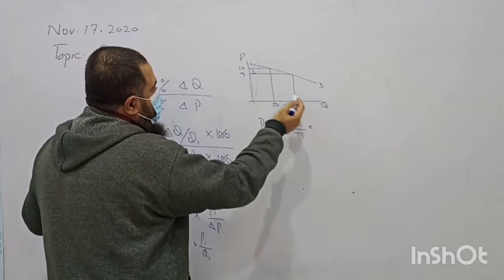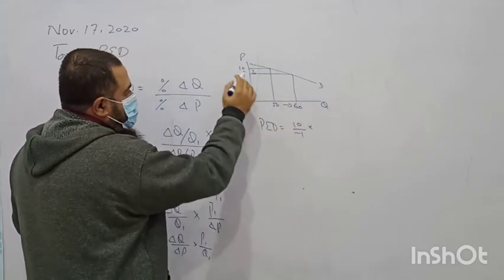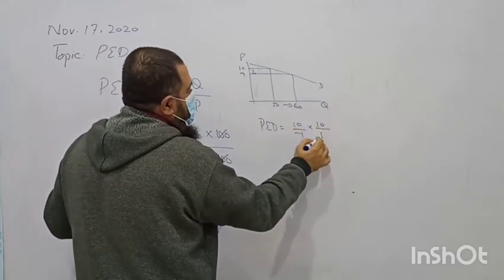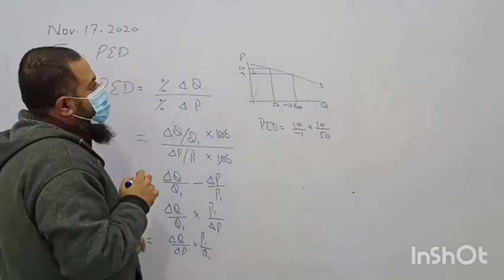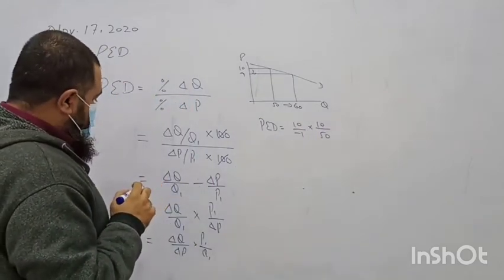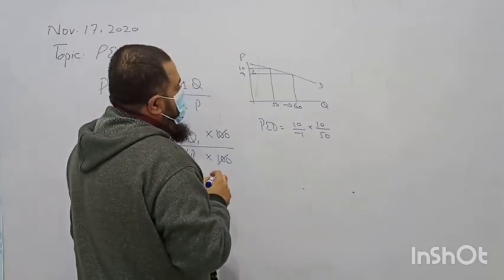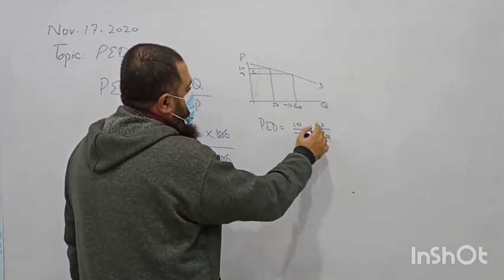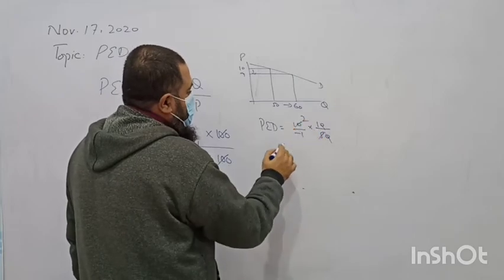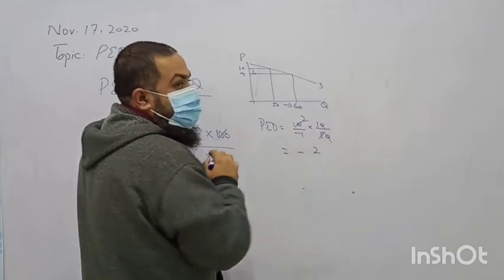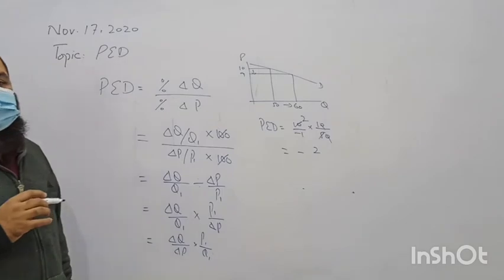The original price was 10 and the original quantity was 50. So P1 over Q1. Now what will be the answer? Again we get the same answer as in yesterday's lesson.